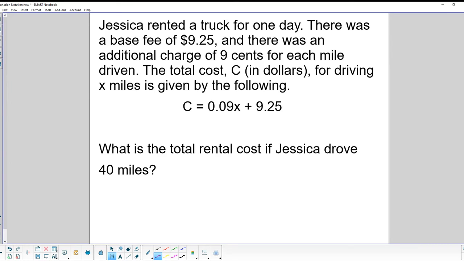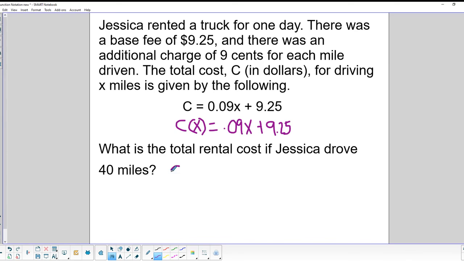And so we might want to rewrite this as the function, cost is a function of X, and we have 0.09X plus 9.25 for the $9.25.